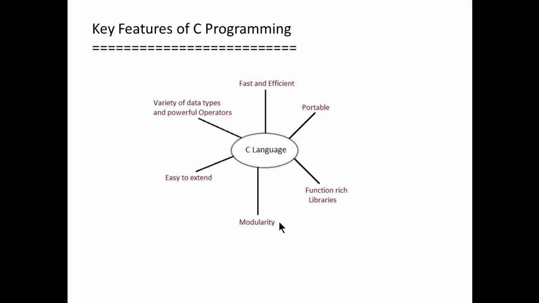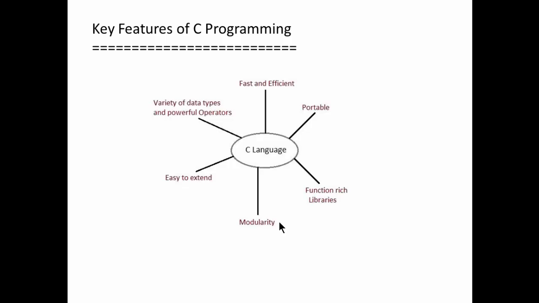With modularity, debugging your code, understanding your code, and easily extending your code are all advantages of this modular approach, or feature of C programming. So it's easy to extend your C programs to different scenarios. Whenever you need to add more functionalities to your programs, the C language always makes it easy.